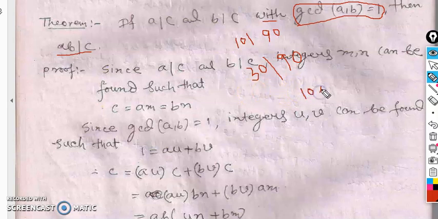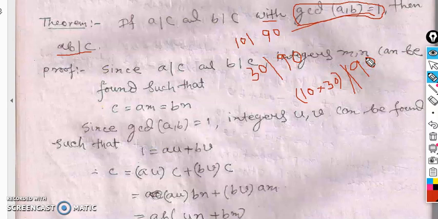10 into 30, which is 300. 300 does not divide 90, because 300 should not be a divisor of 90.